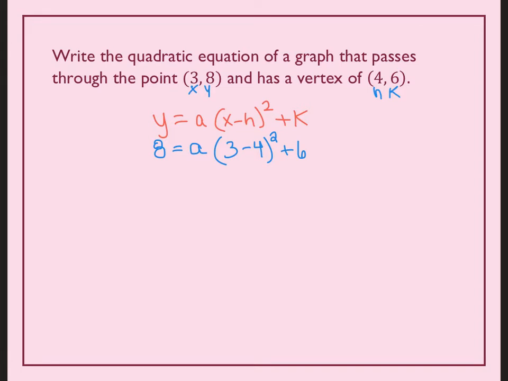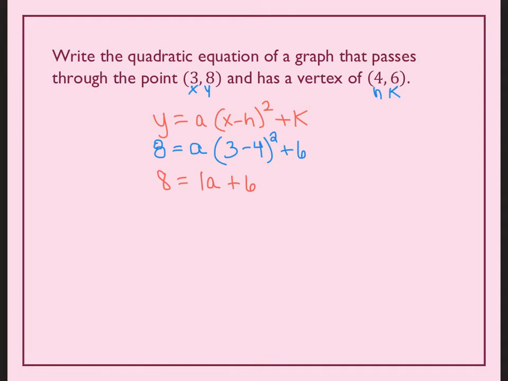So first I work inside the parentheses. 3 minus 4 is negative 1. Negative 1 squared, so negative 1 times negative 1 becomes a positive 1. And I'm going to write it in front of the a just because it's standard to write the constant in front of the variable. Plus 6.